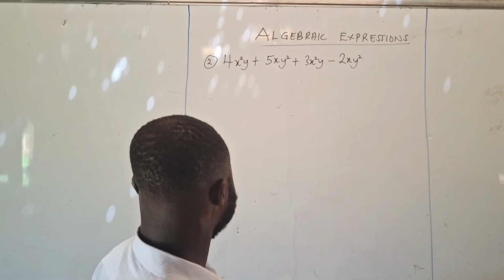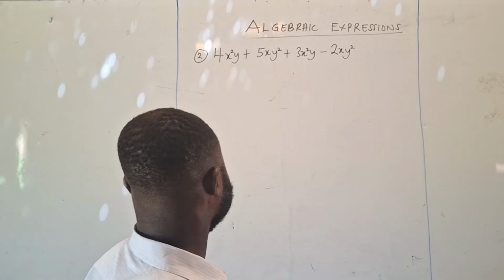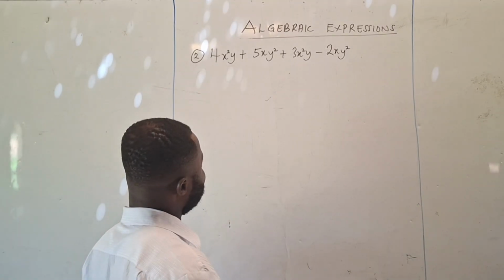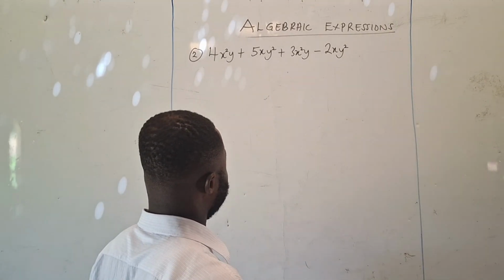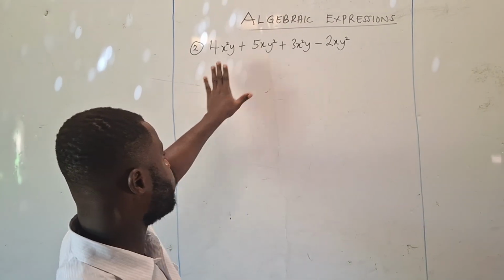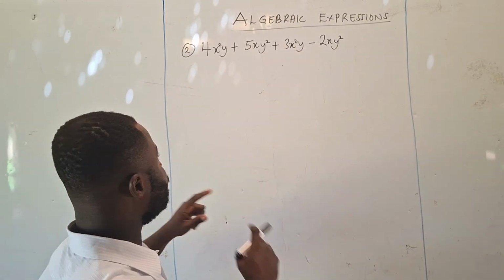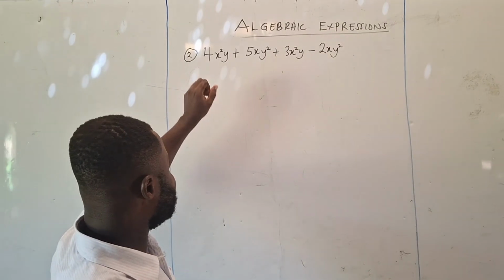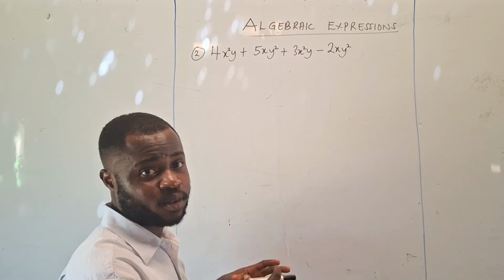This question 2 says we have to simplify 4x squared y plus 5xy squared plus 3x squared y minus 2xy squared. Now they are all having xy, but you have to be careful. In some the square is on x, in some the square is on y.